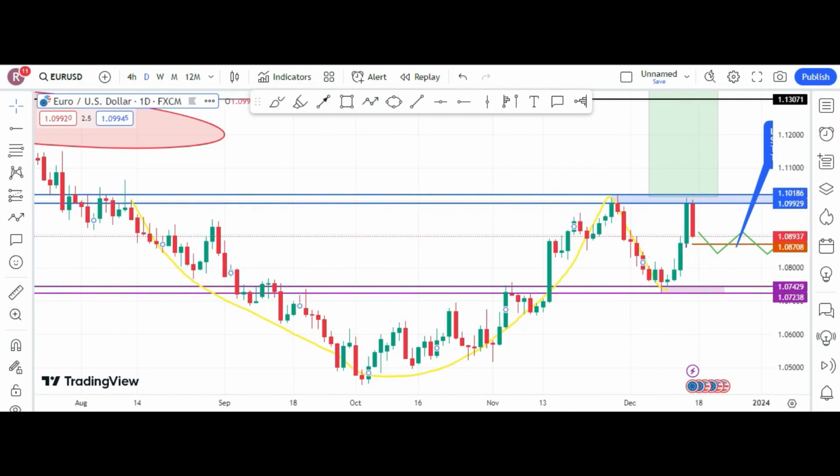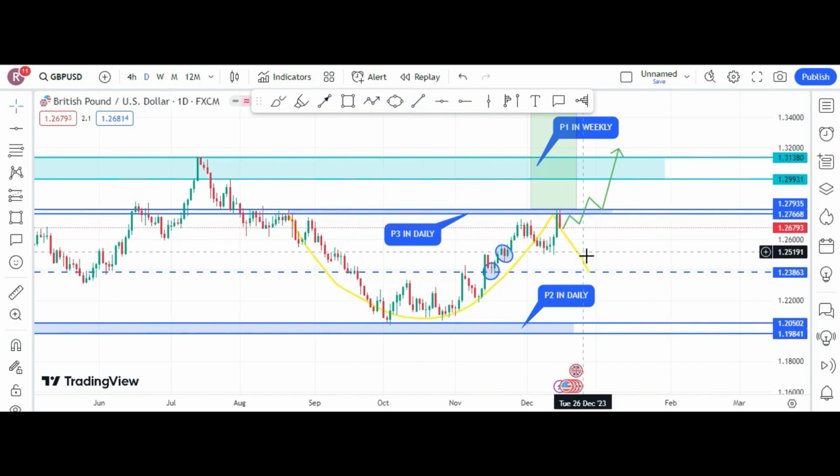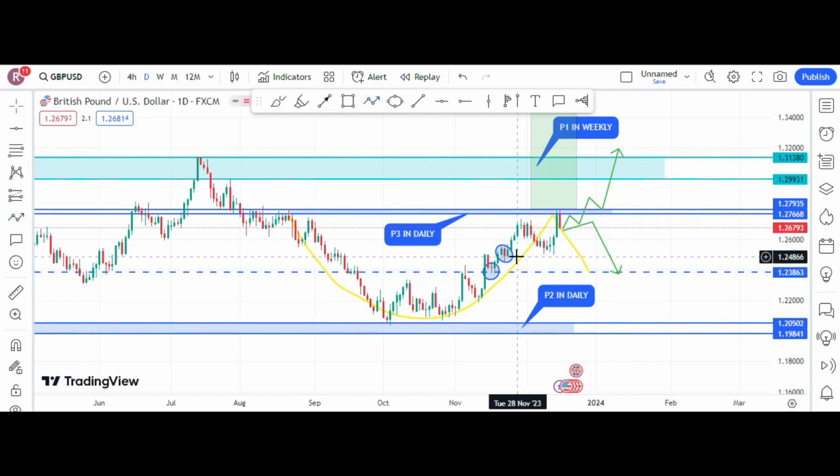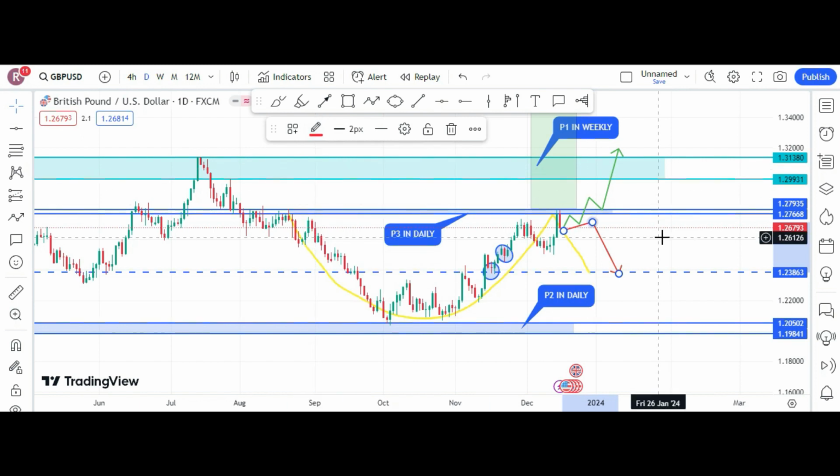So we have to be very sharp here, that if the price comes down to this area, which means this price will move up, fail, and it will come here, to this area, then we need to watch out for these two areas. So that is very important to see.